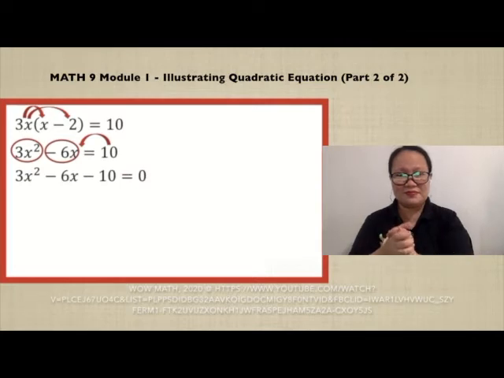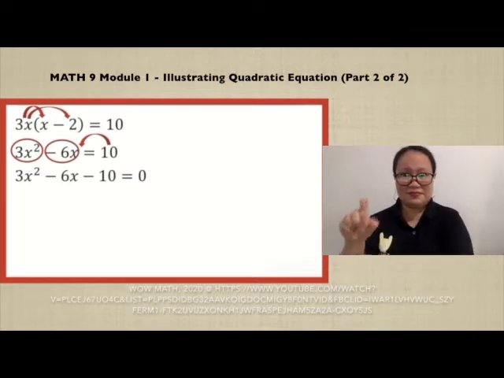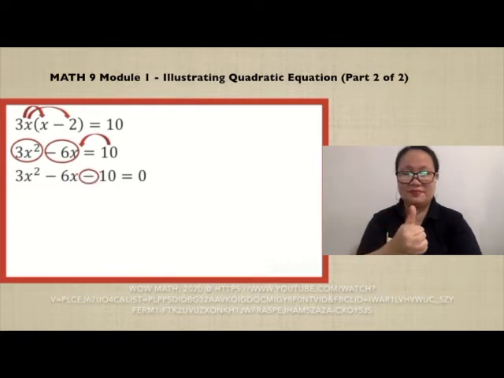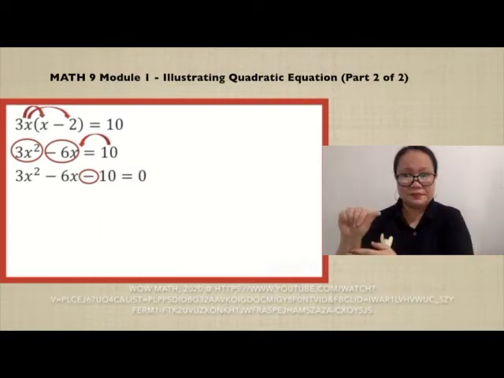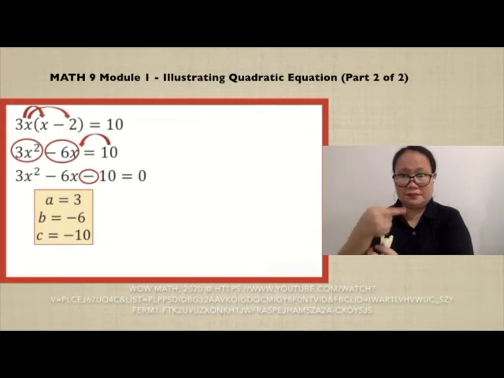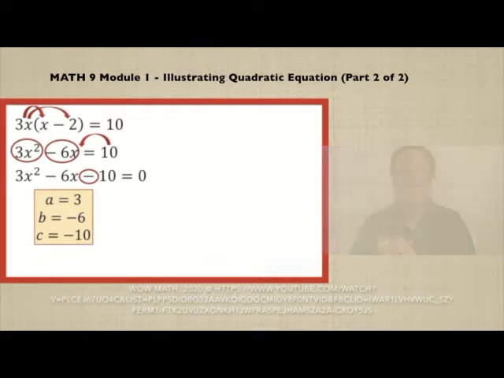So we will now have 3x squared minus 6x minus 10, remember, it should be negative, is equal to 0. So we can now get A is equal to 3, B is equal to negative 6, and C is equal to negative 10.